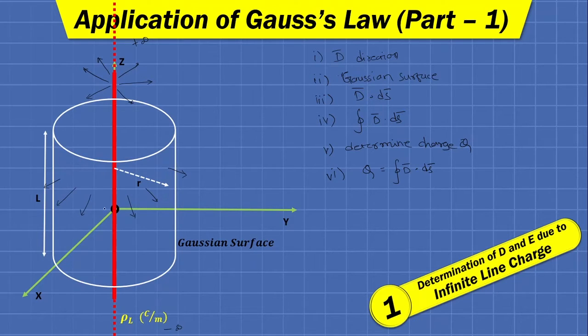For the top and bottom surface, the direction of D is radially outward and the vector of the top surface is upward, so they will make a 90-degree angle. Here, for the curved surface, both vectors will make a 0-degree angle. So the third condition is also satisfied: at any point of the surface the direction of D bar is either normal or tangential to the direction of the differential surface.